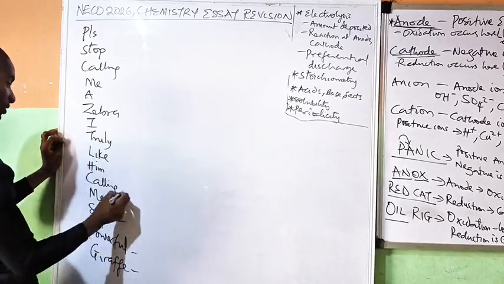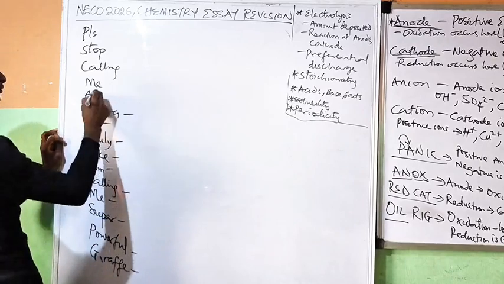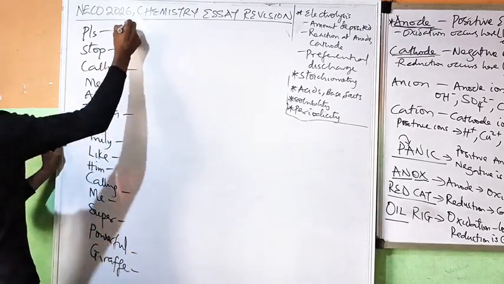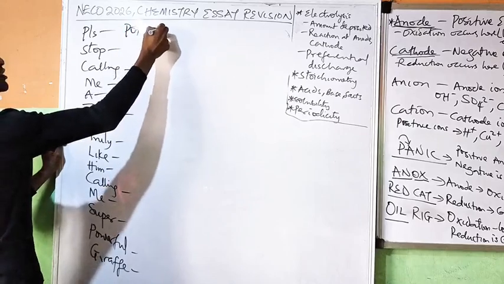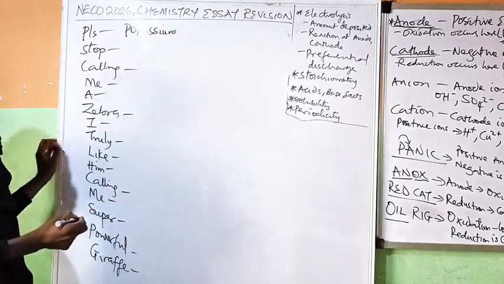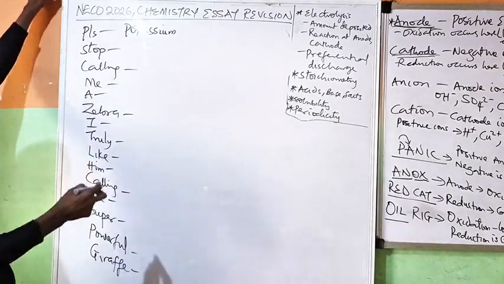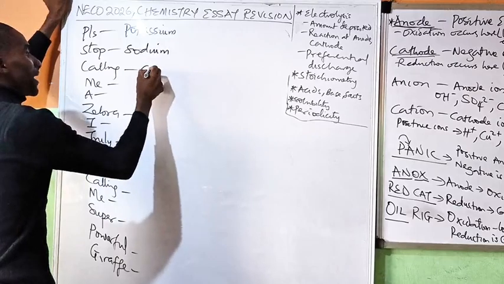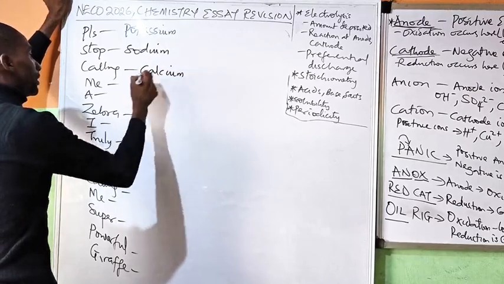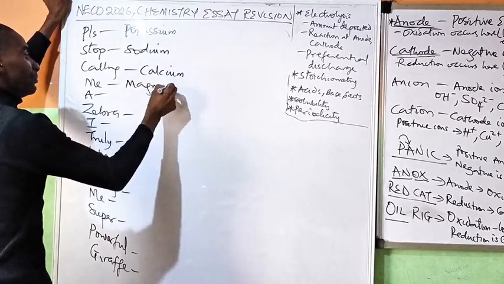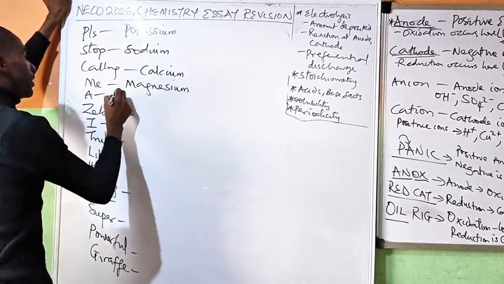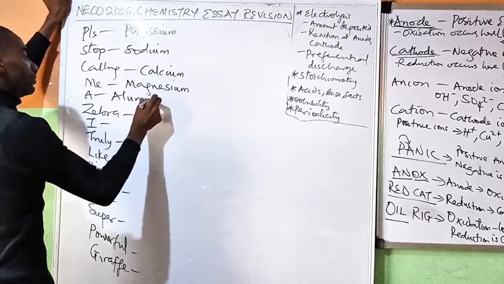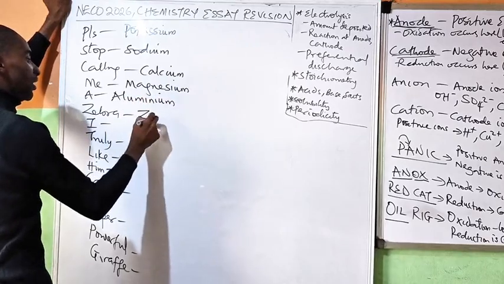So what do all of these stand for? Please means potassium. So the potassium ion is the most electropositive ion, right? Then sodium, calcium, magnesium, aluminium, then zinc.